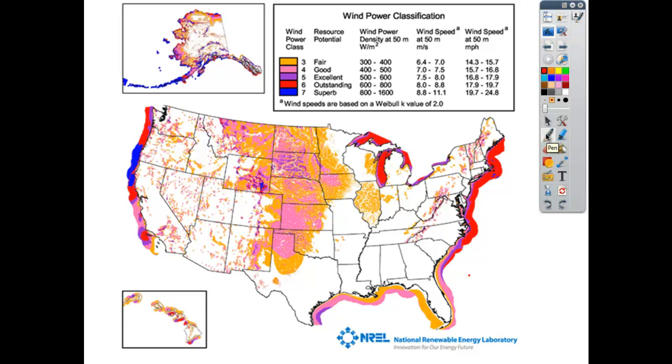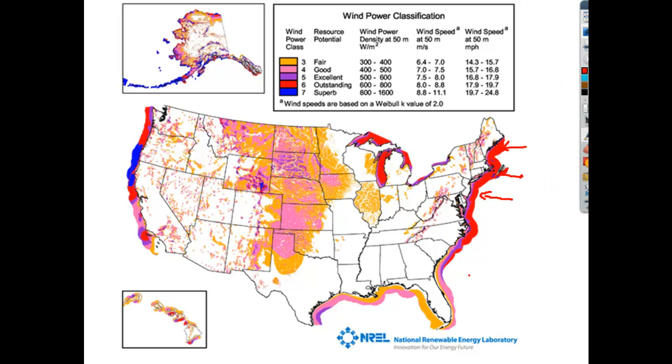Okay, and what I want you to see, and what's probably most fascinating about it, is that on the East Coast you have tremendous potential, meaning consistent winds that are strong but not too strong, as you're going to find out, but constant, offshore. Okay, you can see in the Great Lakes you have that area also with the same type of potential, but then look at the large, big, huge area in the central part of our country, which may not be quite as good as offshore in the East Coast of the United States, but it's so large.